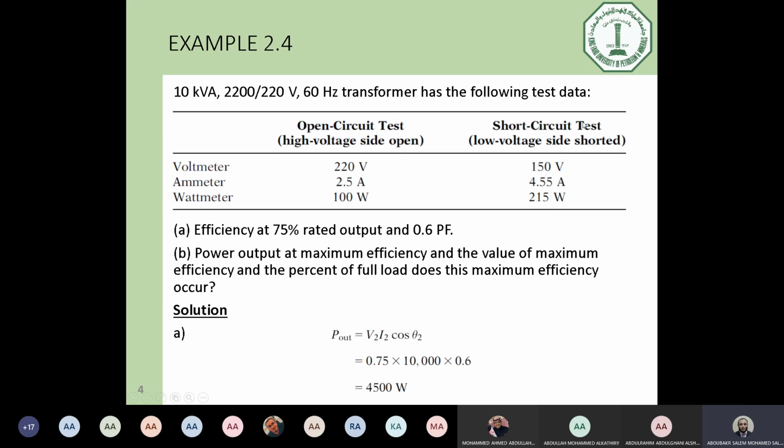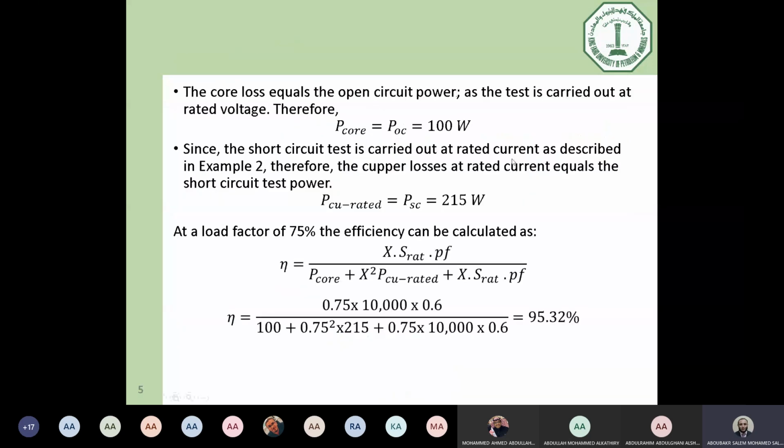And for the short circuit test, similarly, if we made the test at rated current, the amount of power in the short circuit test represents the copper loss at rated or full load. So we can say here that P core equals 100 watt and P copper equals short circuit power, which is 215 watt. Now we can calculate the efficiency at 75% using this relation.